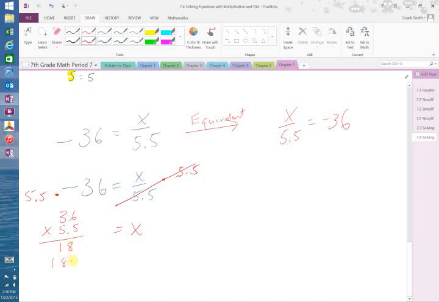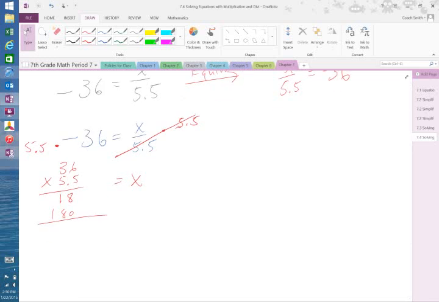And this is 180. And that gives me 198. And I have a decimal, so I have to move that decimal one place to the left. Okay, and that gives me 19.8. So x is now also negative 19.8.